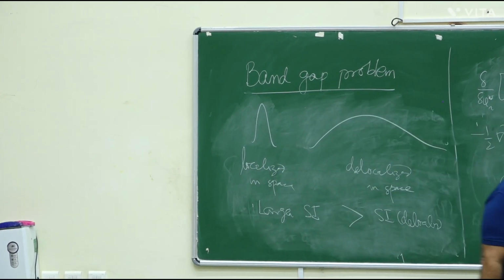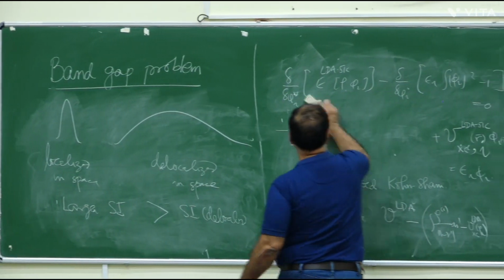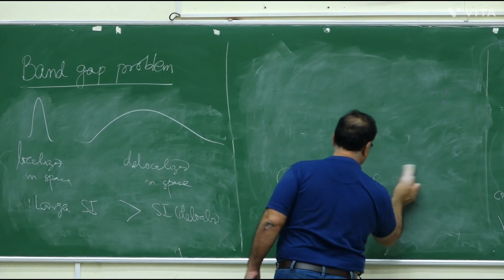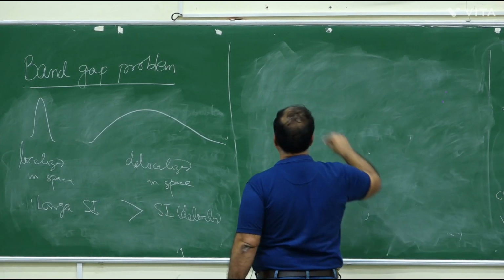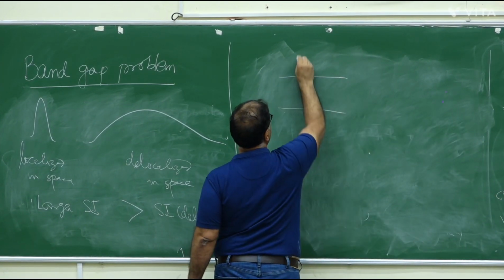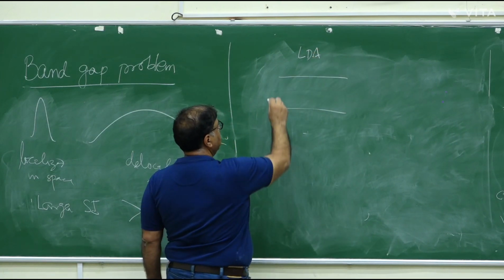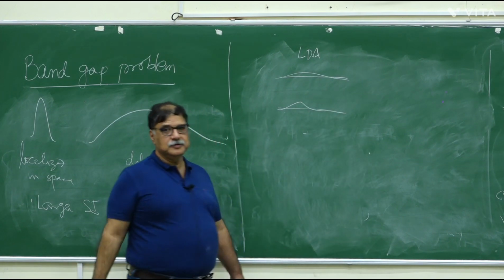Now let's look at the LDA band gap, right? Here is the LDA band gap. The conduction band orbitals are going to be more delocalized compared to the valence band orbitals.